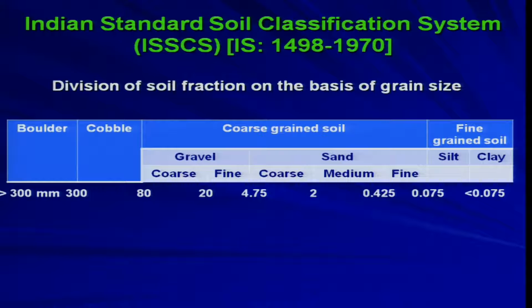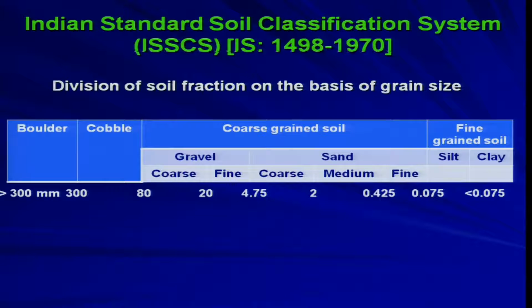Then we come to the coarse grained soil, which consists of two materials, that is gravel and sand. Gravel will be classified in two categories, one is coarse gravel and the other is fine gravel. Coarse gravel falls between 20 millimeter and 80 millimeter, whereas fine gravel falls between 20 millimeter and 4.75 millimeter.